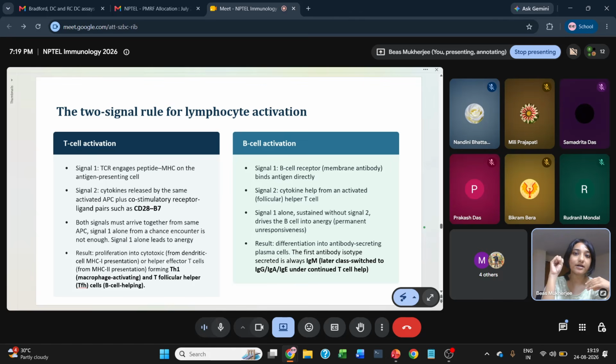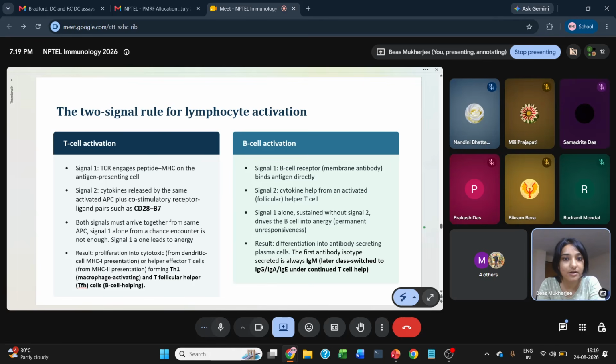So basically a naive T lymphocyte gets these two signals and then they recognize this peptide antigen bound complex and they will recognize this co-receptor and cytokine. Under the activity of this cytokine, it is going to differentiate into Th1 and Th2 cells. For B cell activation, you know that B cell can directly bind to the antigen or it can also be stimulated by helper T cell.